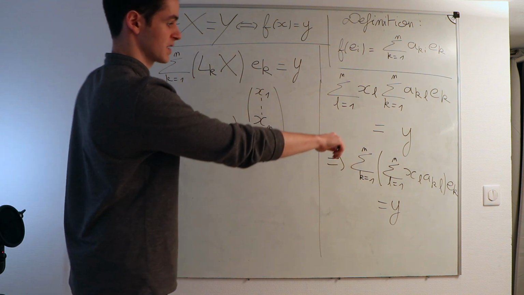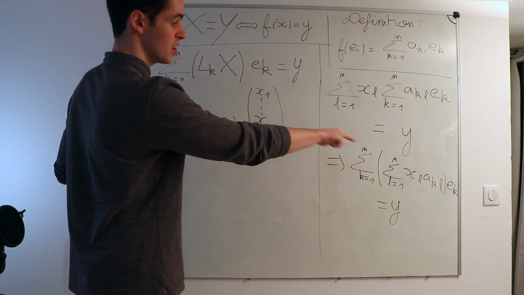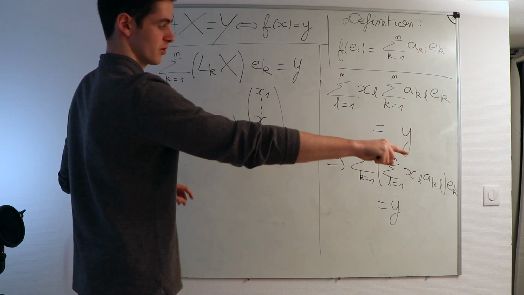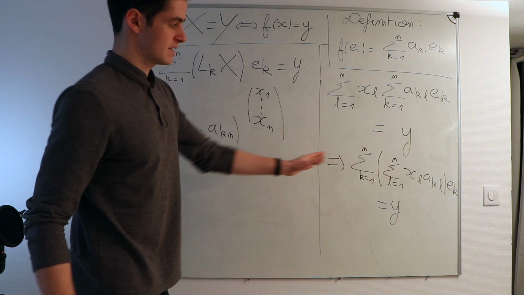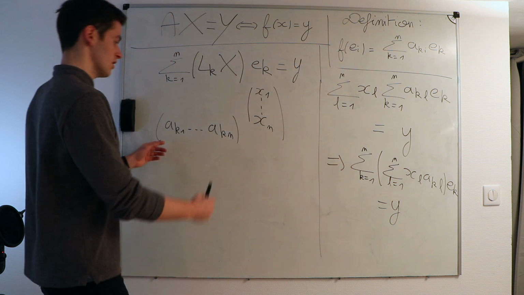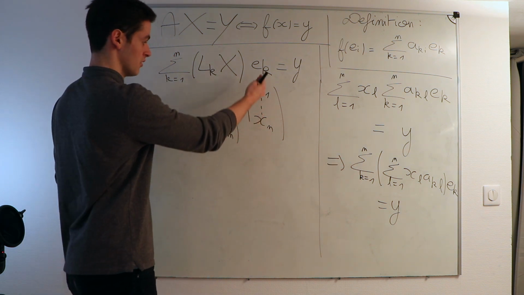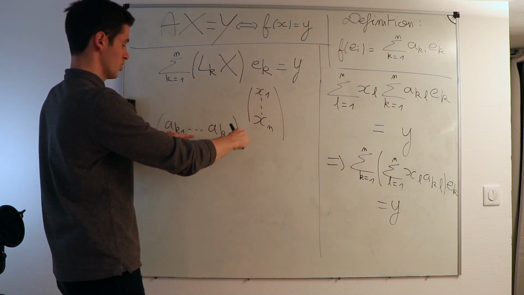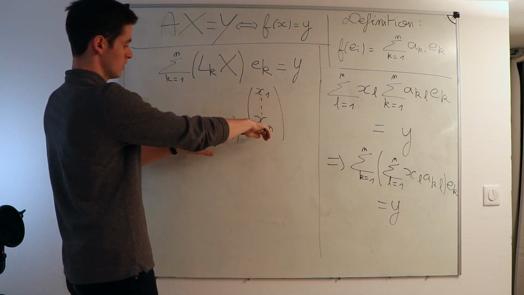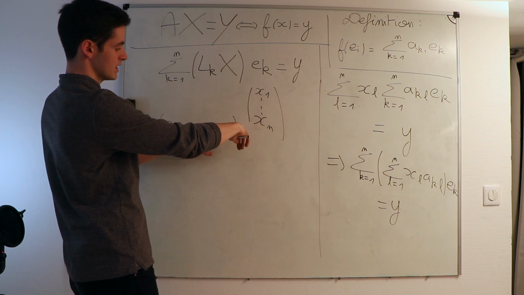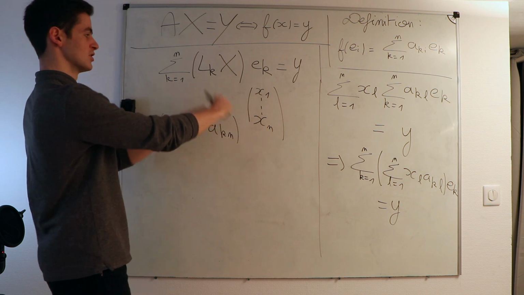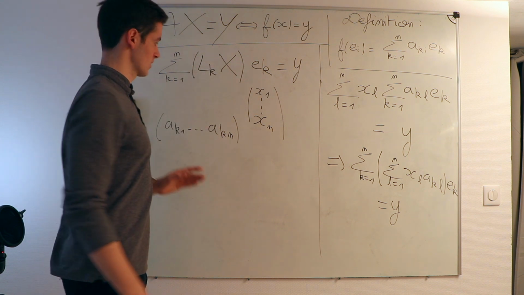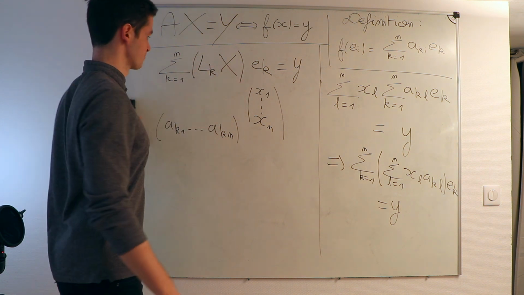So here we have x1 times ak1 plus x2 times ak2, etc., up until xn times akn. And here, by definition of the matrix product, we have the same thing: ak1 times x1 plus etc., up until plus akn times xn. So this is the line k times the column vector x, right? This is a scalar.